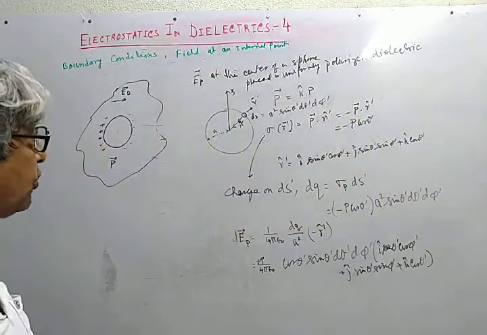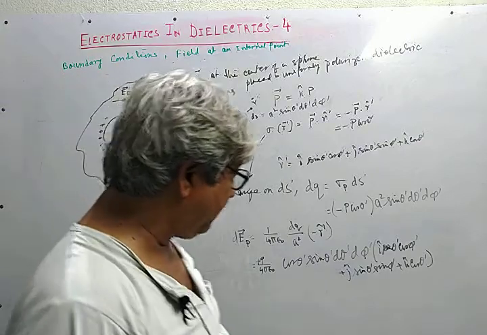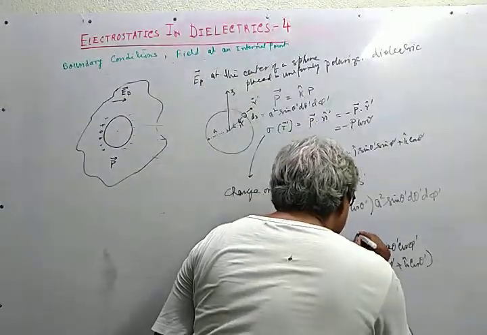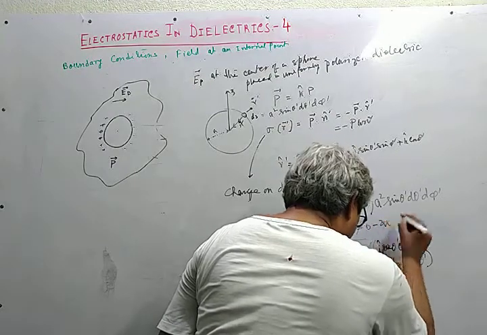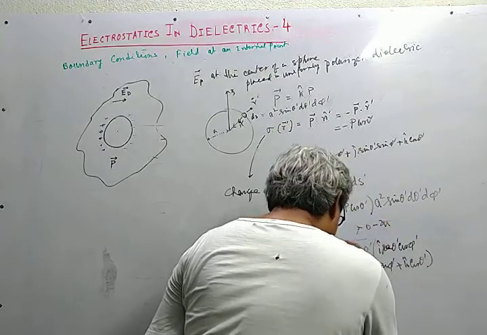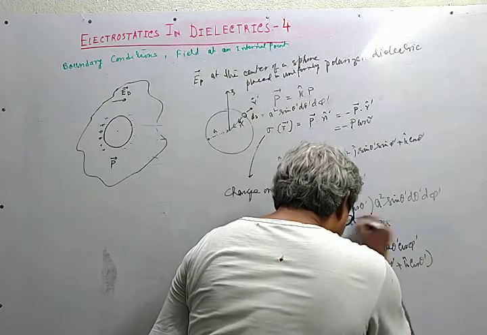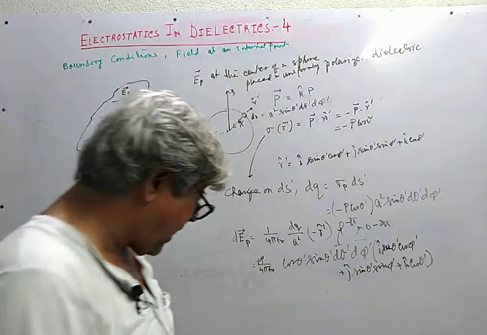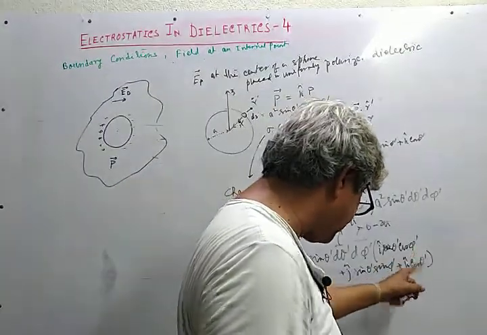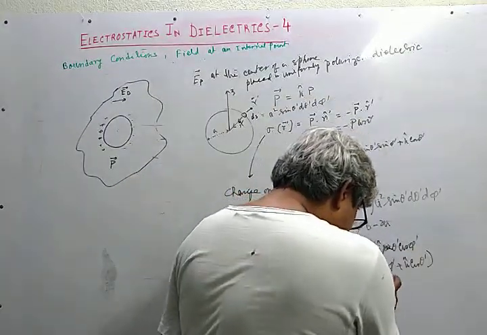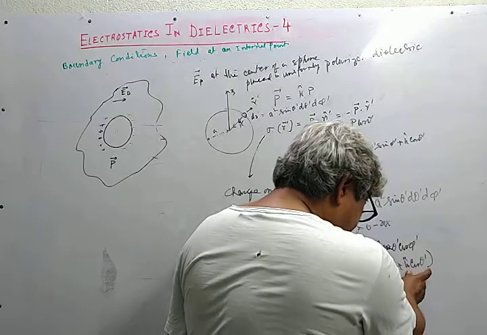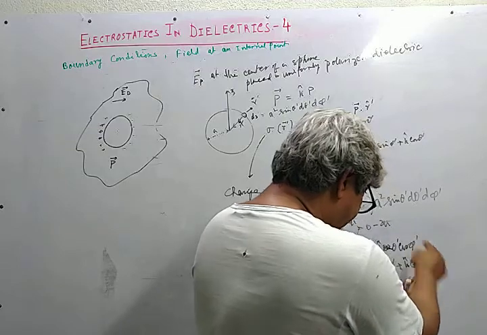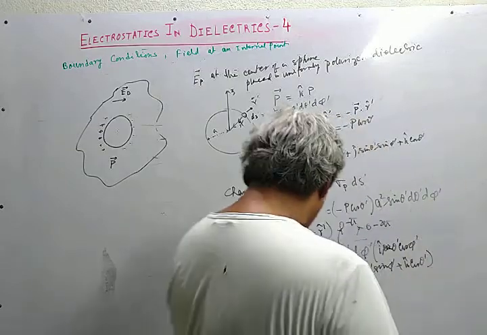And to get the total field, we have to perform integration over d phi prime in the range 0 to 2 pi and d theta prime in the range 0 to pi. If we perform integration over phi over a complete cycle, this gives you 0, this gives you 0. So only this part survives, and this part is independent of phi, so the phi integration will give a 2 pi factor.